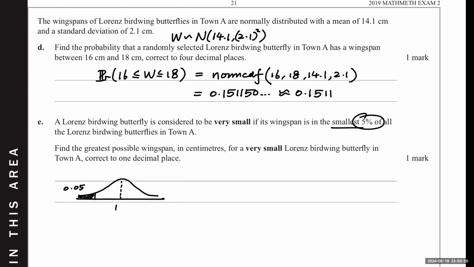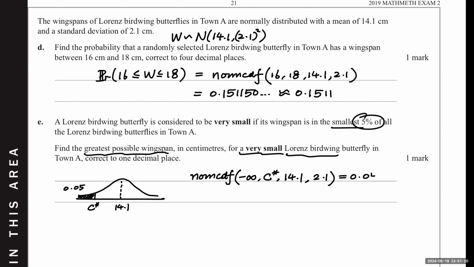We know the middle value, or the mean value, is 14.1, and we want to find this critical value, that is the greatest possible wingspan for a very small Lorentz birdwing butterfly in Terran A, correct to 1 decimal place. So probably could use, let's say, norm CDF from minus infinity to c star, and the middle value is 14.1, 2.1, equals 0.05. Or you could use inverse norm.